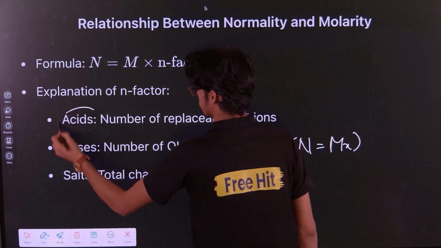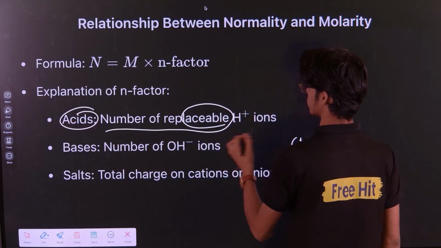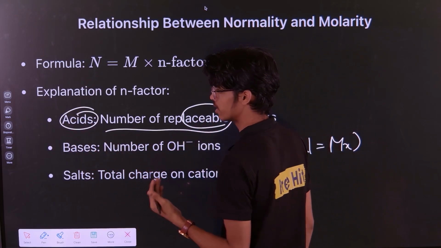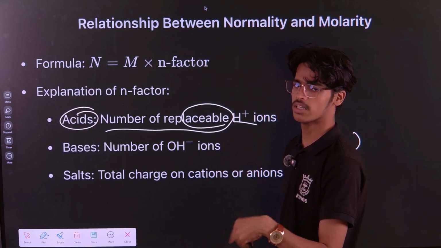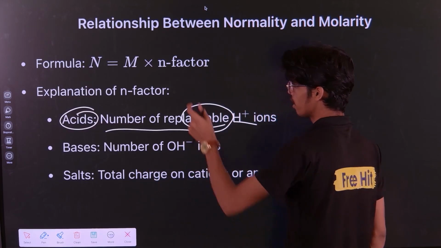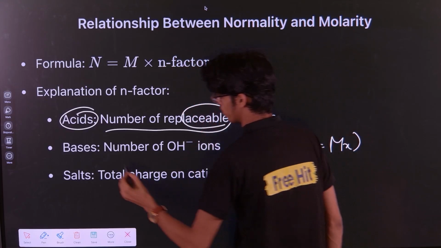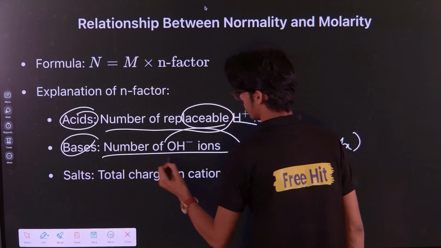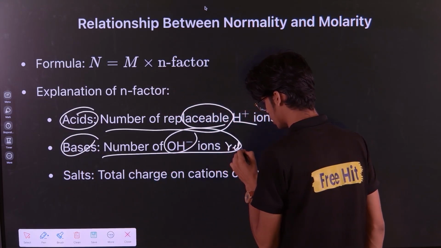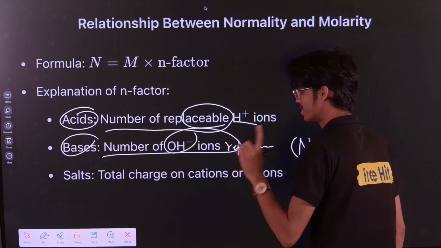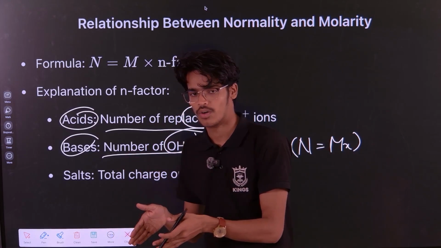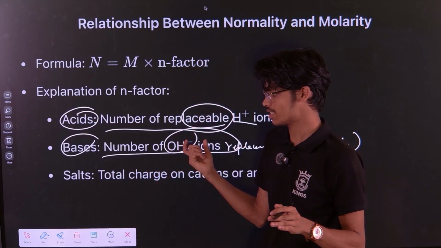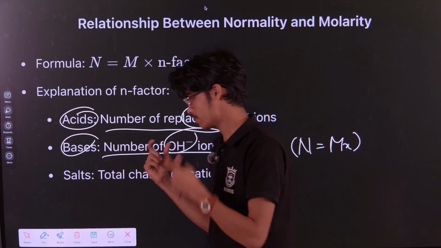In case of an acid, it is the number of replaceable H+ ions. In case of HCl, 1 H+ ion is replaceable, so n equals 1, or x equals 1. For bases, it is the number of replaceable OH- ions, those which can be replaced. Just because there is an OH- ion doesn't mean it is replaceable.